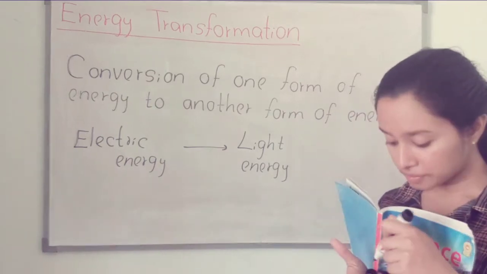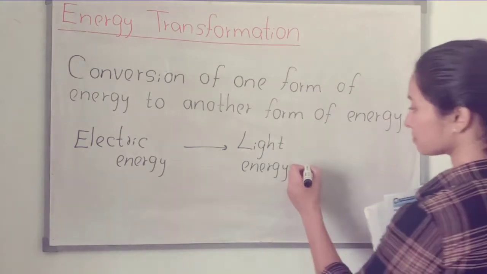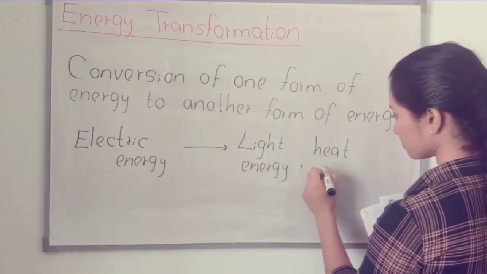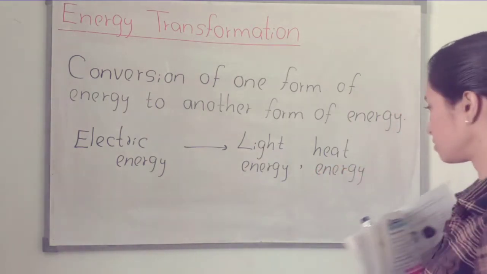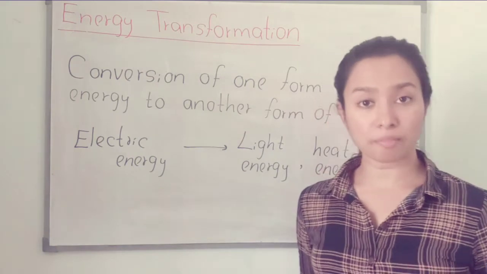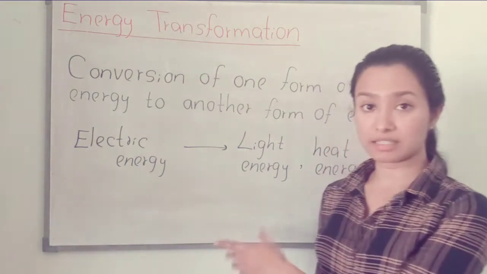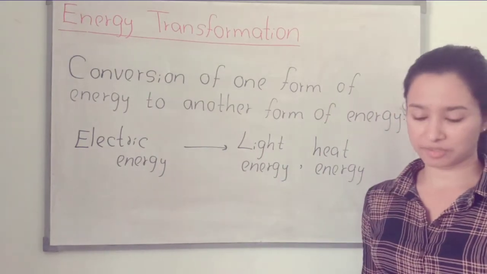And heat energy is also generated. So when lighting an electric bulb, the electric energy is converted to light energy and heat energy.